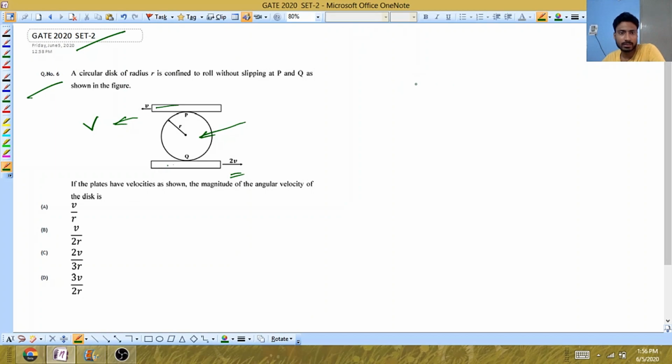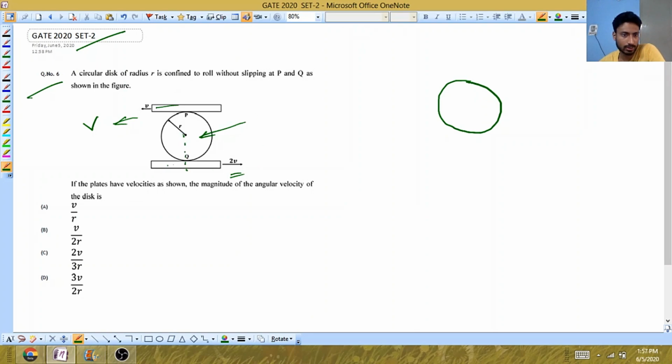So how will you do that? There is a very simple step to solve this type of problem, that is called the I-center method. So what you will do, just take this sphere. You know that the velocity is in this direction, so the I-center will definitely be perpendicular to velocity.